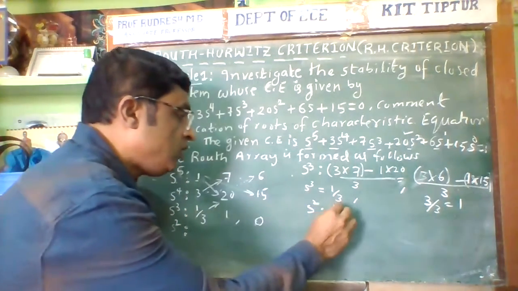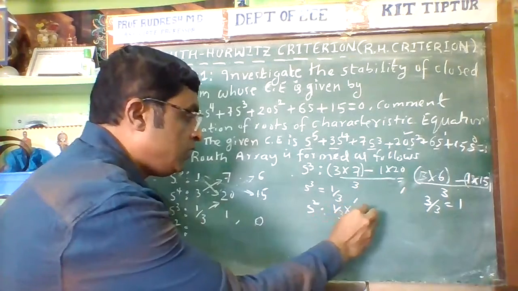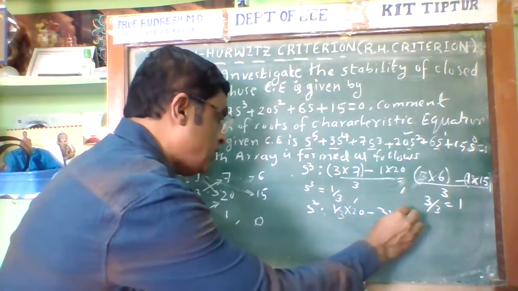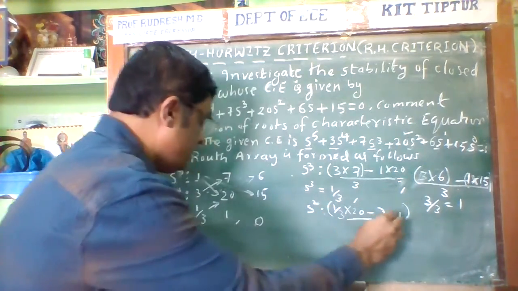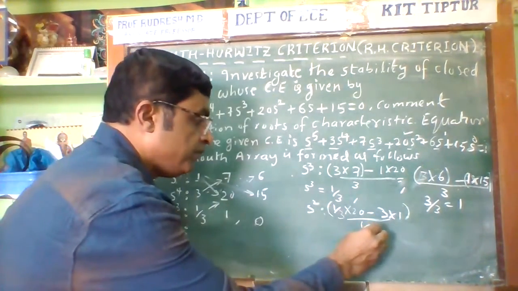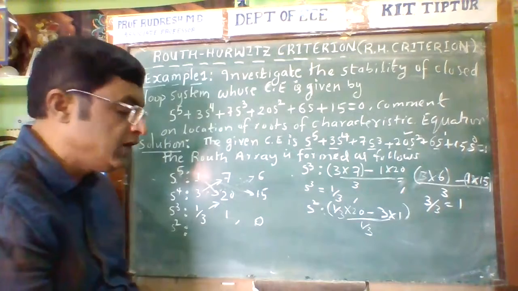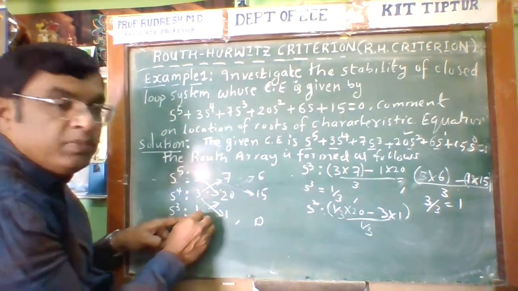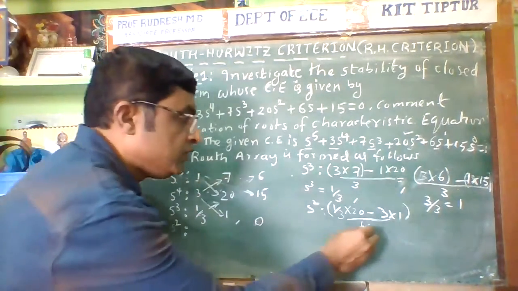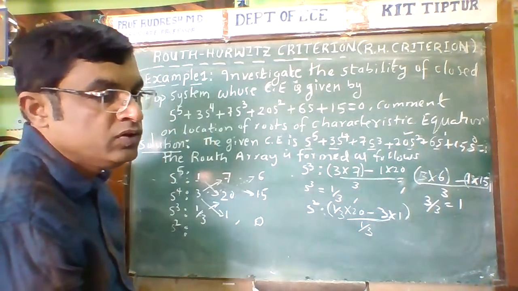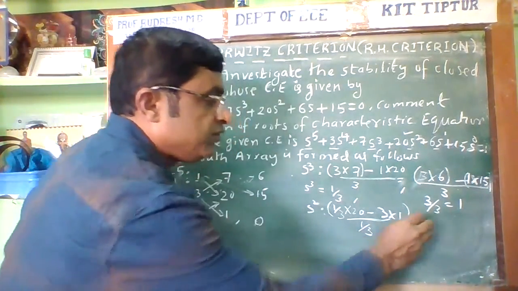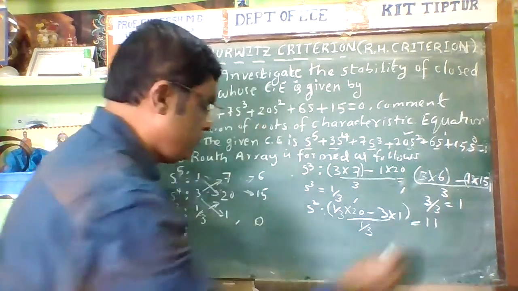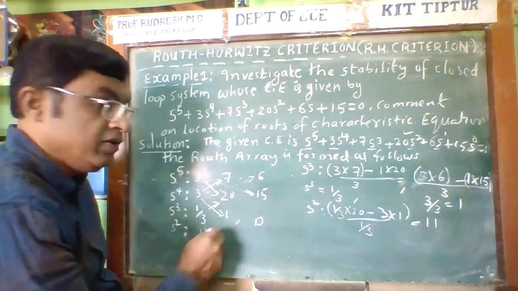Here 1 by 3 into 20 minus 3 into 1, divided by 1 by 3. After simplification, the answer is 11.